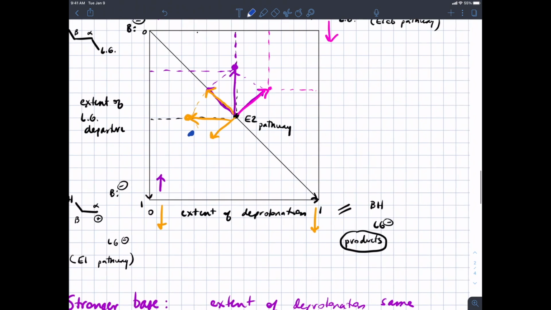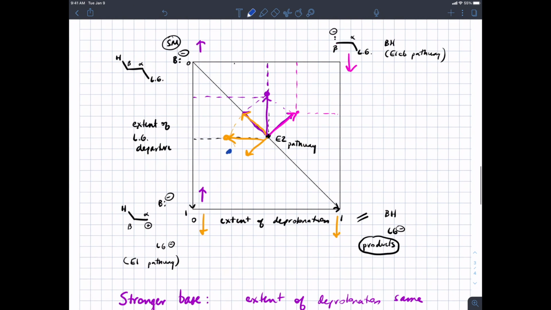So let's now talk about selectivity, because you have learned that elimination reactions are selective for the more substituted alkene because the more substituted alkene is more stable.